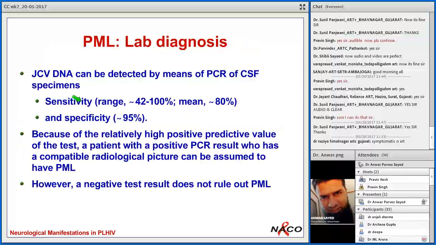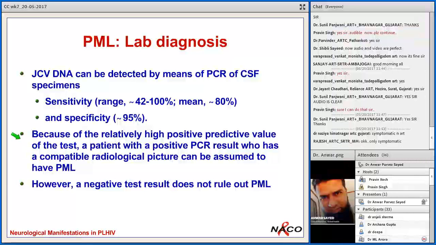JC virus DNA can be detected by PCR of CSF specimen, but sensitivity ranges between 42 to 100%, and specificity is high. That means if it is positive, then it favors a definite diagnosis of JC virus. It is available, though not very commonly, but available in private.